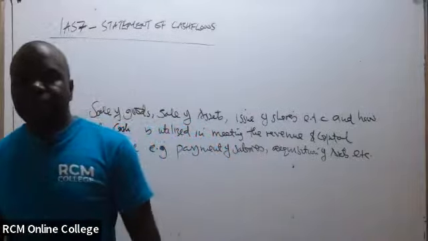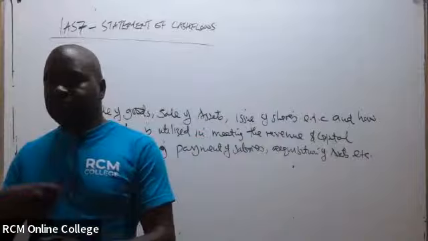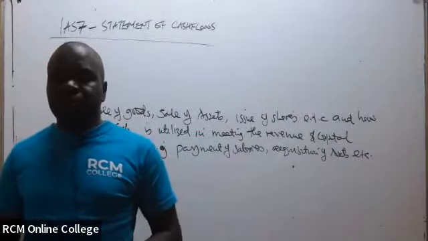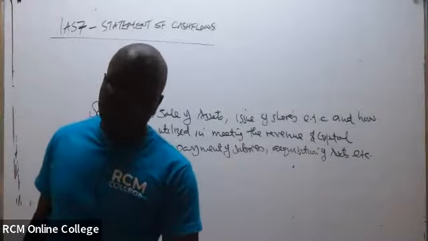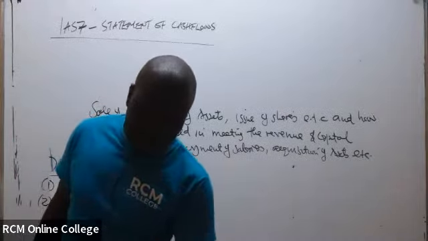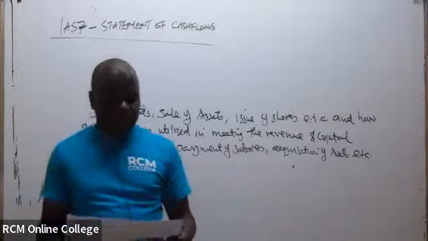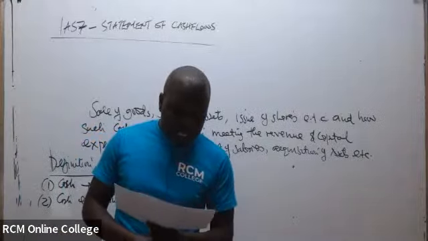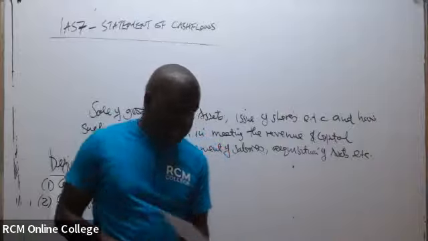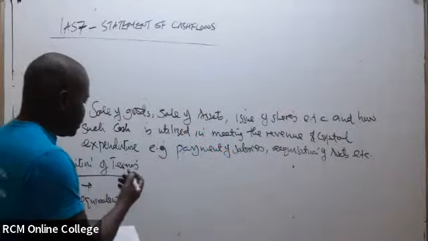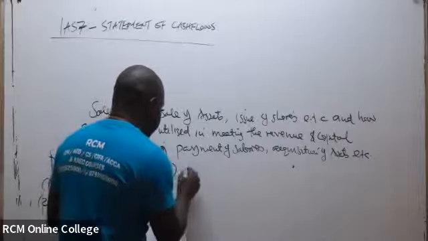If you have treasury bills, you go to the market, and you decide you're going to sell. So you sell them, you get the money. You can have bonds and you decide, let me sell them. So they are cash equivalents. They are simply those items that you can easily convert into cash. Then we have number 3, cash flows.